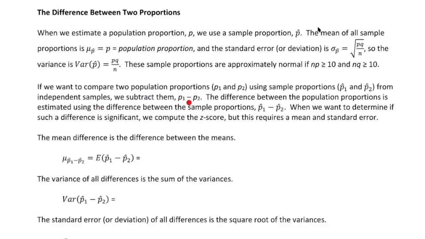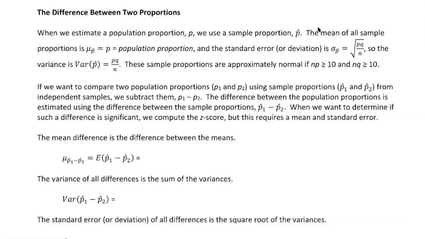The difference between the population proportions is estimated using a difference between sample proportions, P hat 1 minus P hat 2.